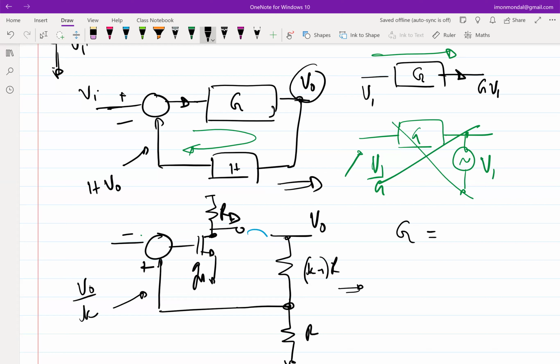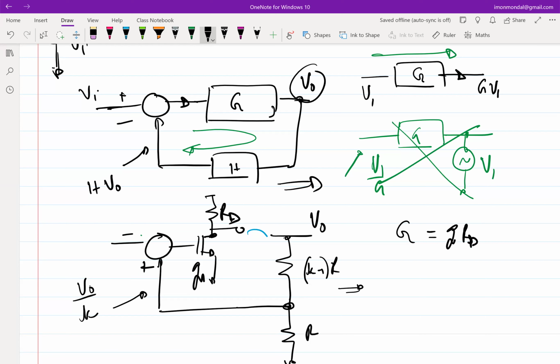But what is G? gmRD, right? Seems like G is equal to gmRD.